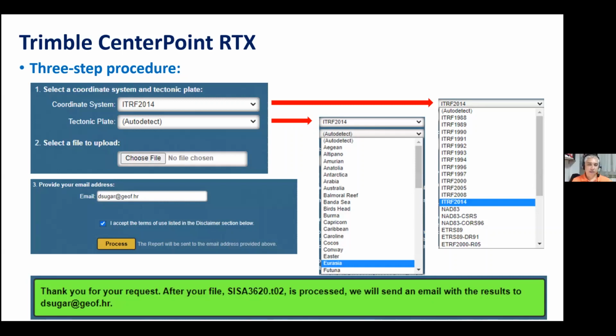So I have uploaded an observation file, and you see here, namely, this is the file I have uploaded in T02 format. And this message is saying that the file is processed, and we will send an email with the result to my email address.